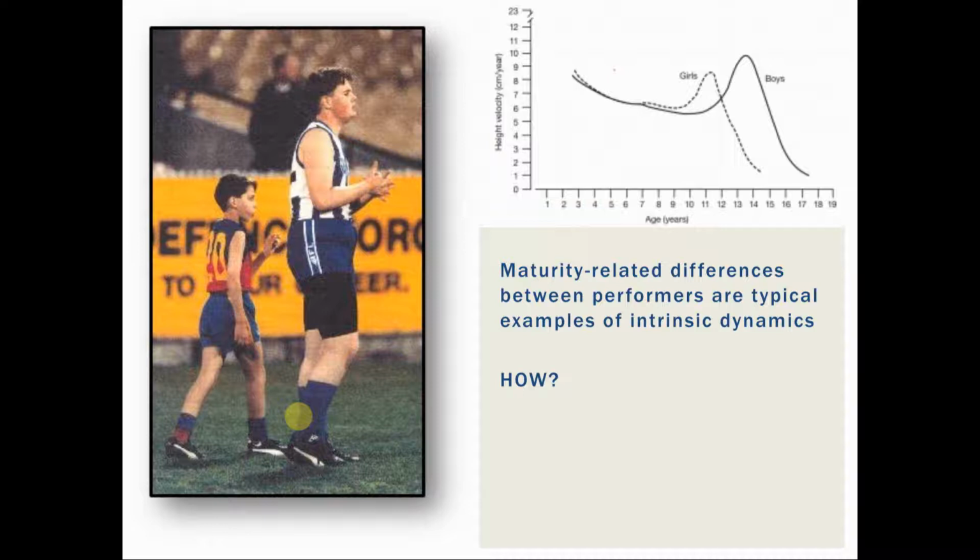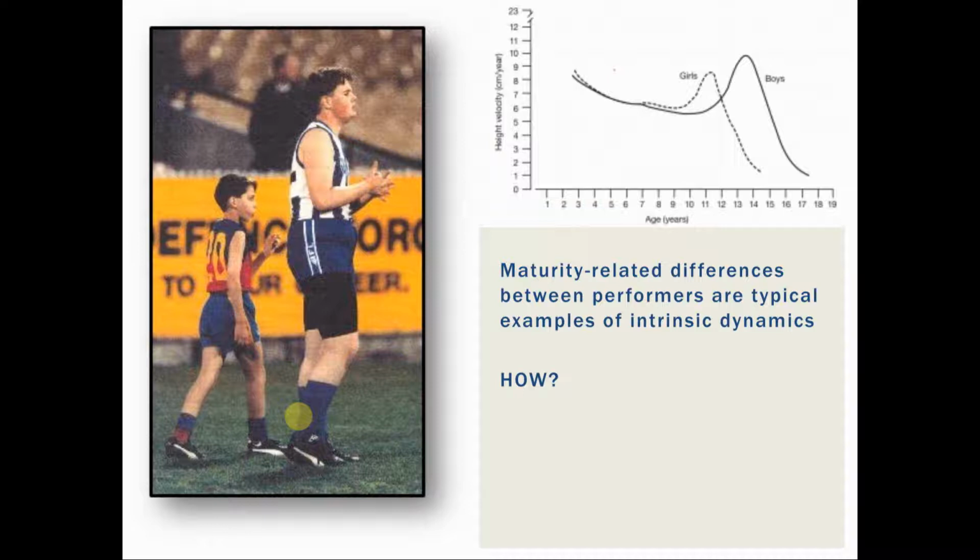And for those of you who don't know where maturity-related differences come from, if you look in the top right, we can actually see the growth velocity of girls and boys. Right? And everyone knows girls get their growth spurt earlier than boys do, where for girls it's between 11 and 12 years in general, and for boys it's between 13 and 14 years.